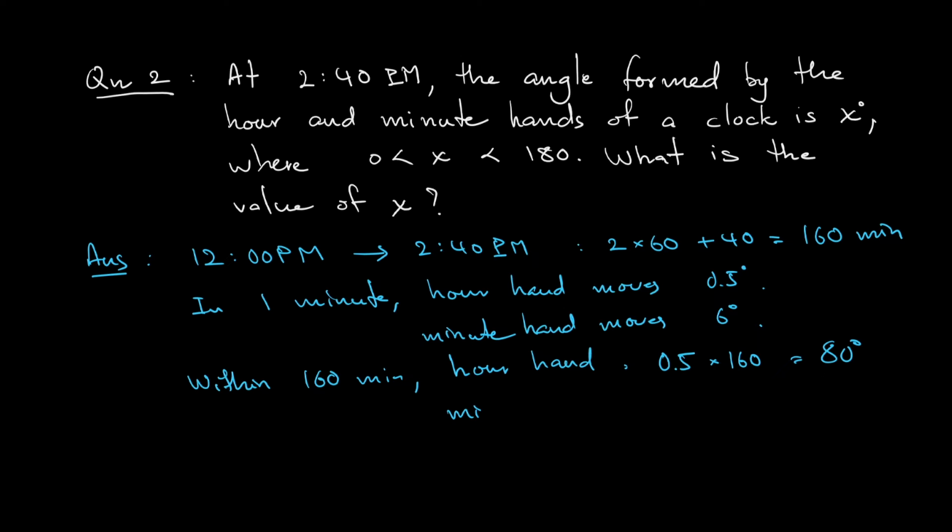The minute hand would move 6 degrees per minute multiplied by 160 minutes. That would be equal to 960 degrees.